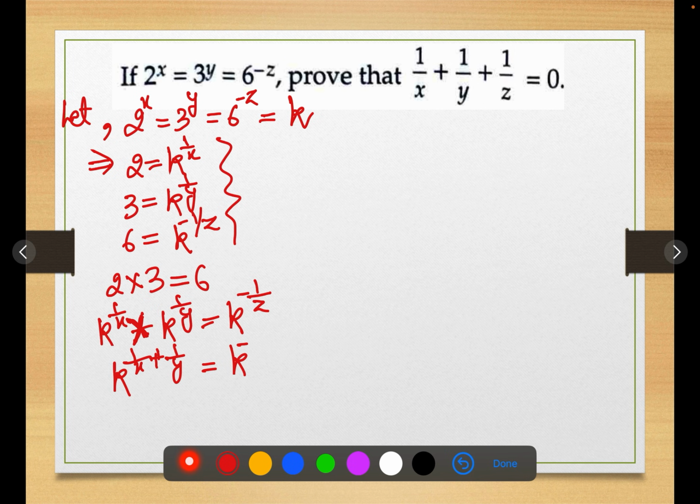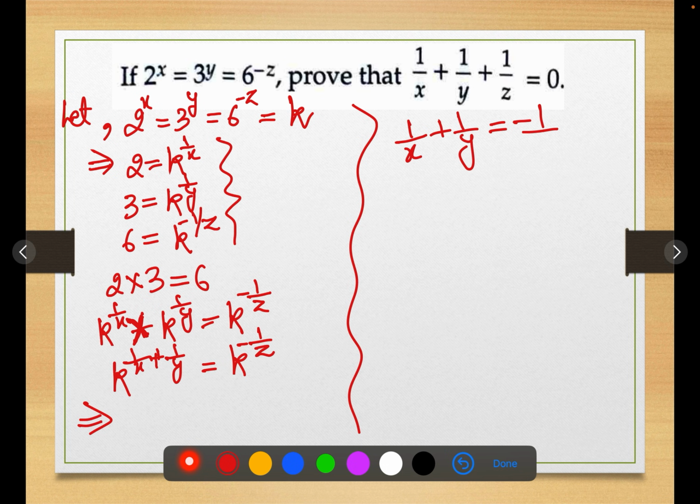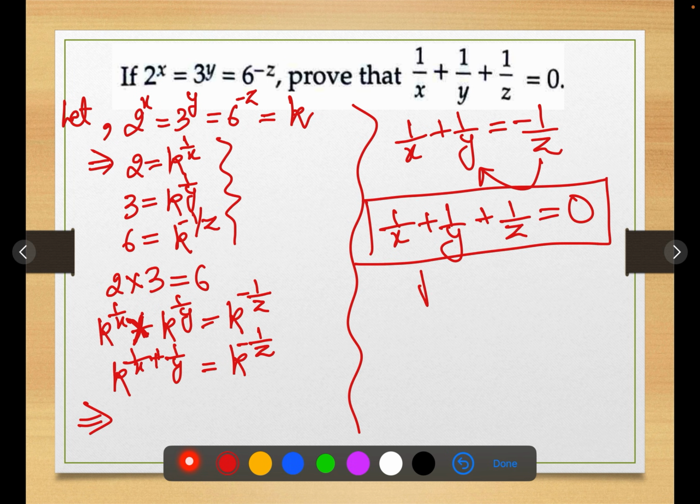So, k to the power minus 1 upon z. Now, bases are same. Can I equate the powers? 1 upon x plus 1 upon y will be equal to minus 1 upon z. Transposing, 1 upon x plus 1 upon y plus 1 upon z is equal to 0, and hence proved. I hope the question is clear. Any question of such type is supposed to be done in the same way.